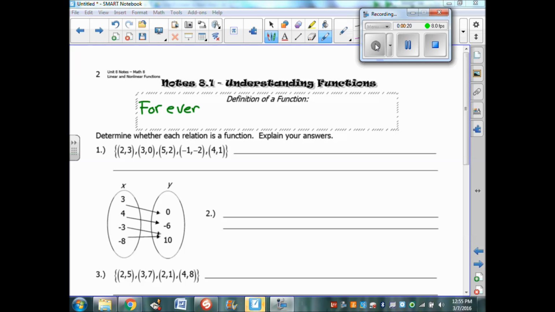For every x, there exists one and only one y. We're going to apply this so it will start to make sense, okay?